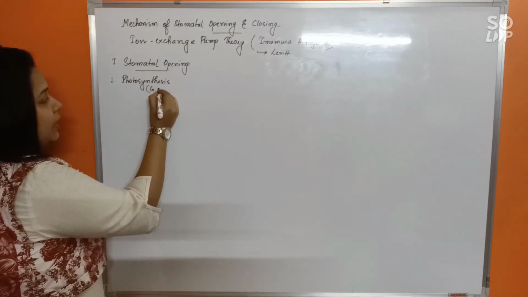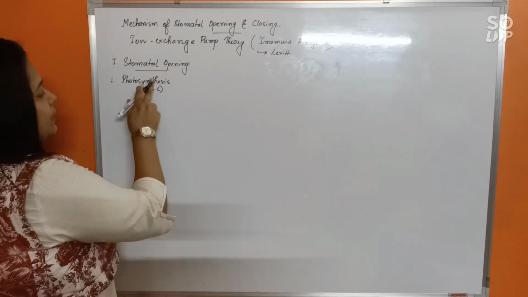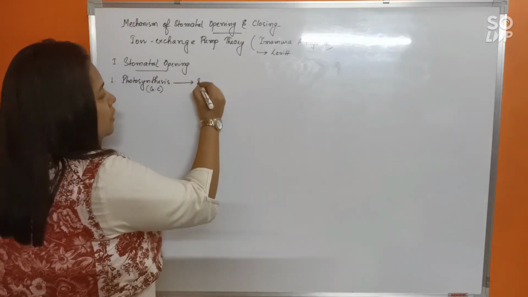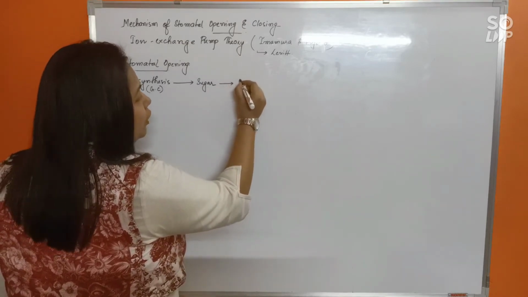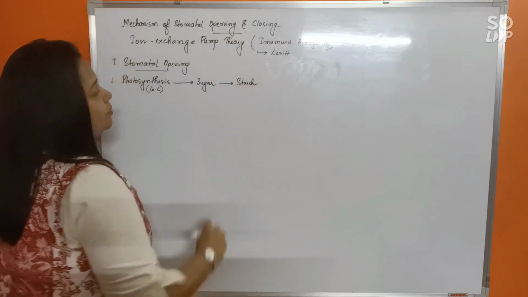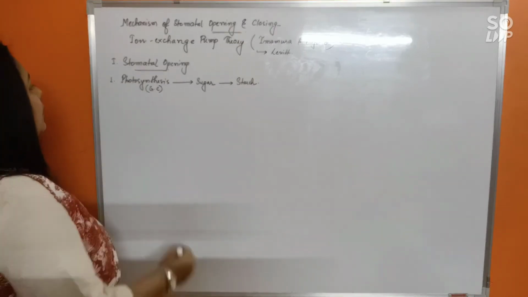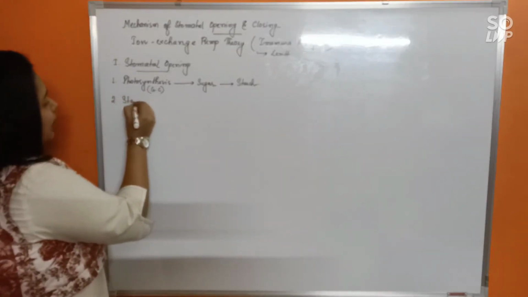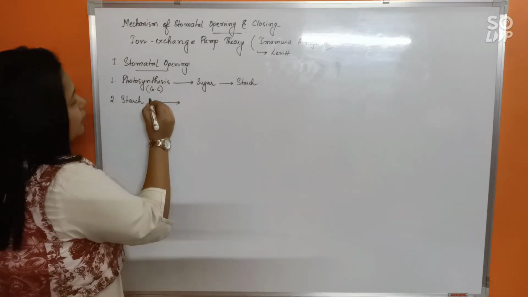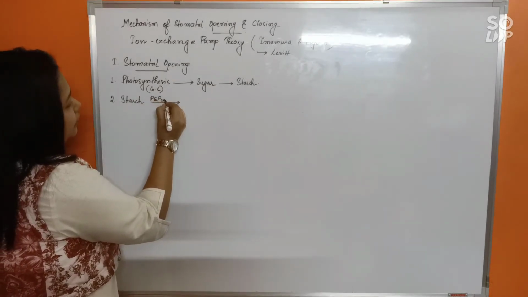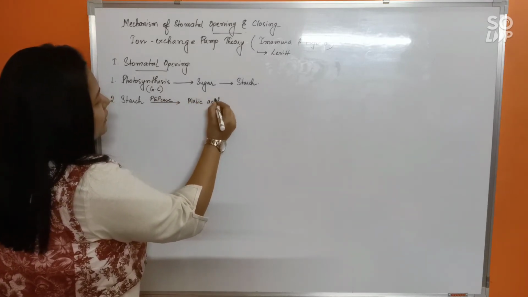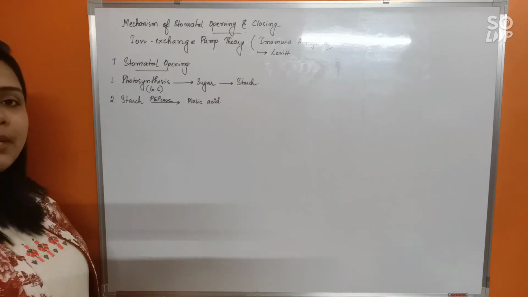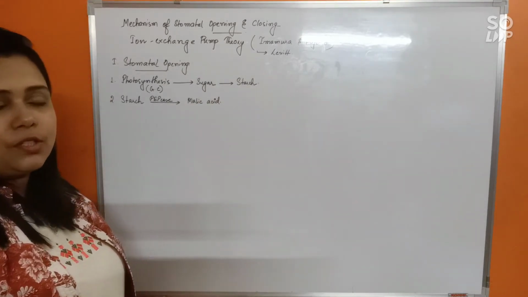All these changes are happening in the guard cell. The product of photosynthesis is sugar, right? That sugar will be converted to starch. Now, the starch that has been formed in the guard cell will be eventually converted to malic acid by the enzyme PEPase. Full form is phosphoenol pyruvate carboxylase enzyme.